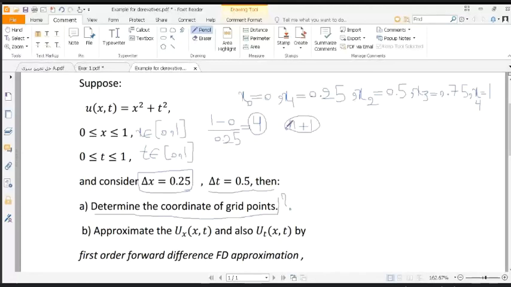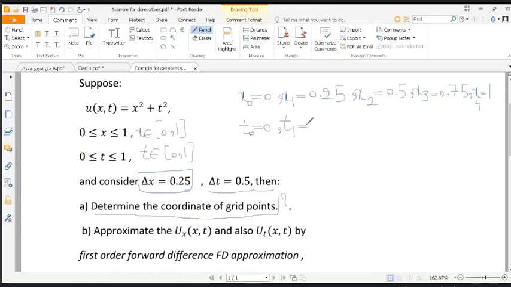Okay. And then for t. t0 equals 0, since t starts from 0 to 1. And the next point, t1, equals 0.25 or 0.5?